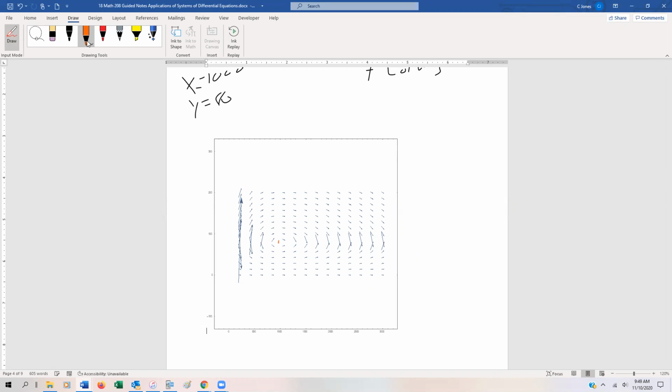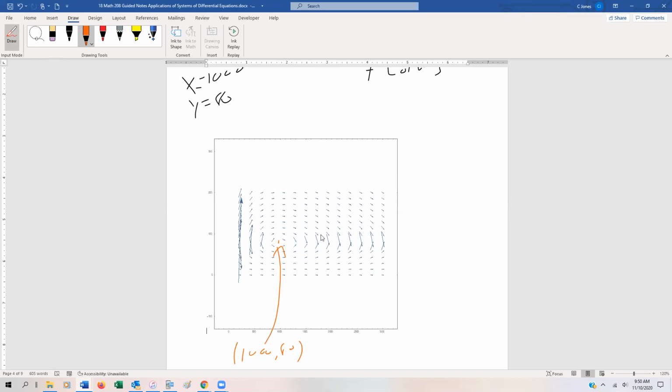Right in the middle here, this is our equilibrium point of, we said, 1000 comma 80. So you might be able to guess the solution, if you have a pretty good phase plane grapher, without actually finding the equilibrium points. That's pretty cool.